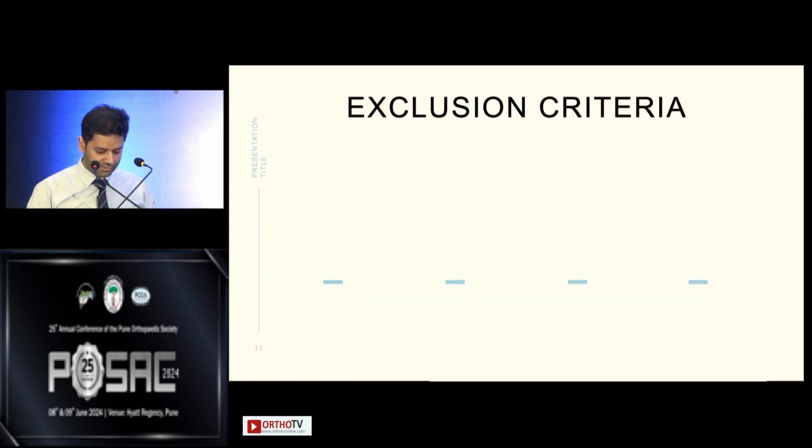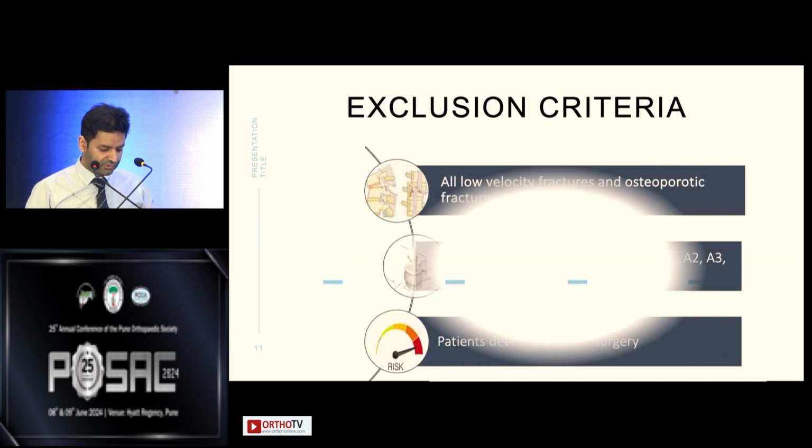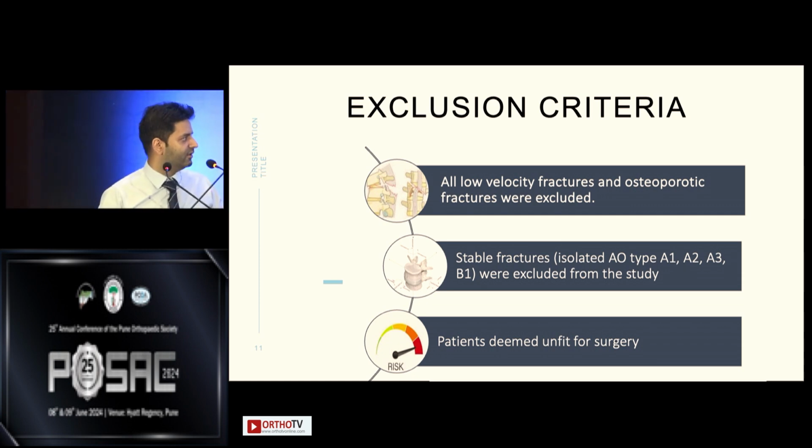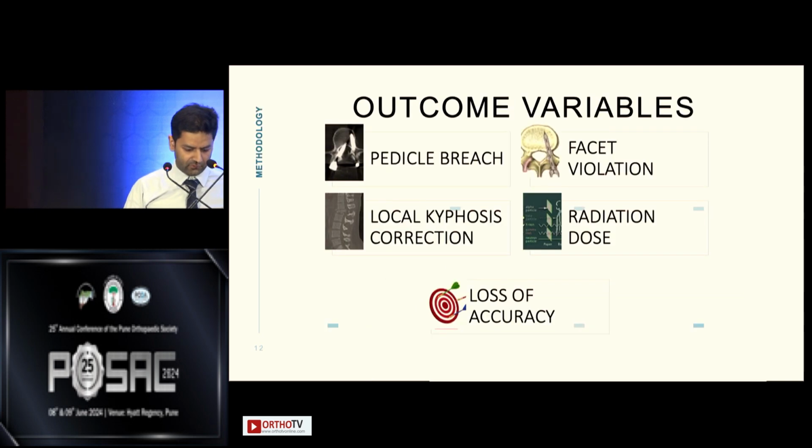Exclusion criteria were all osteoporotic fractures, which inherently have anterior column involvement, and stable fractures: isolated A1, A2 and single end plate fractures were excluded, and patients deemed unfit for surgery were excluded.